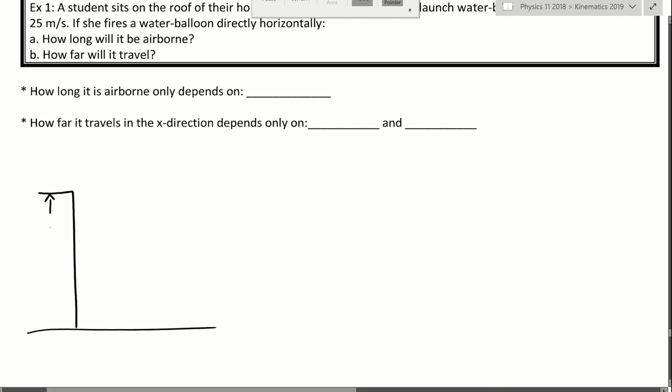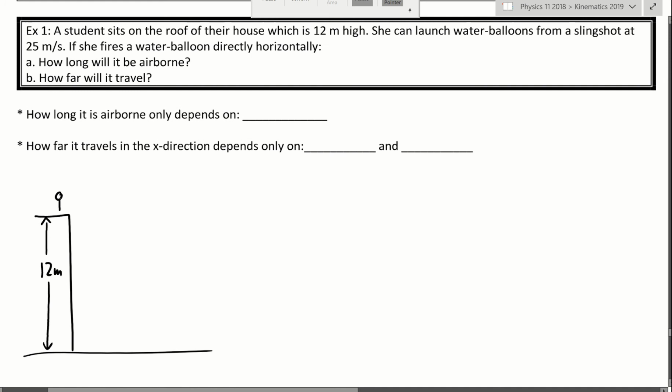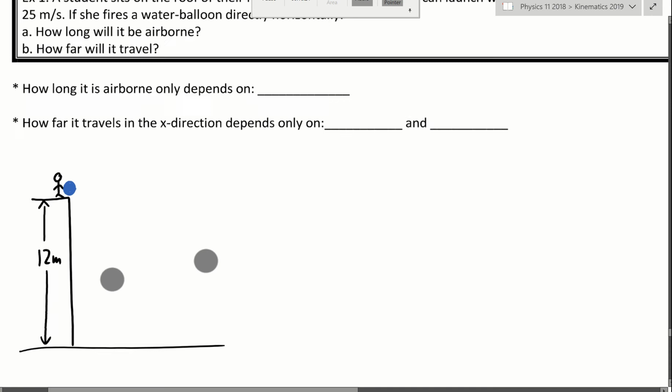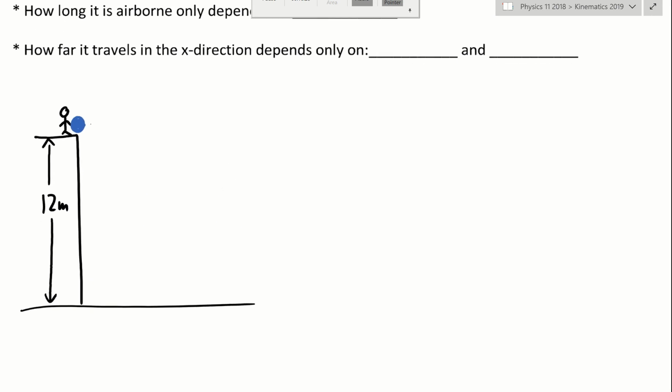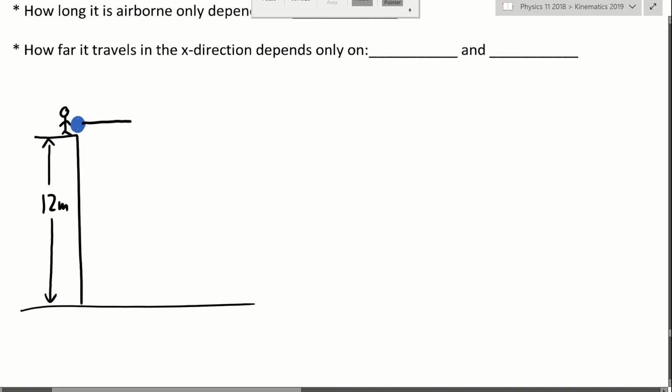So someone is sitting on top of a building, which is 12 meters, and she's going to launch a water balloon. But the initial launch of the water balloon is completely horizontal. So this V initial is 25 meters per second, but it's completely horizontal.